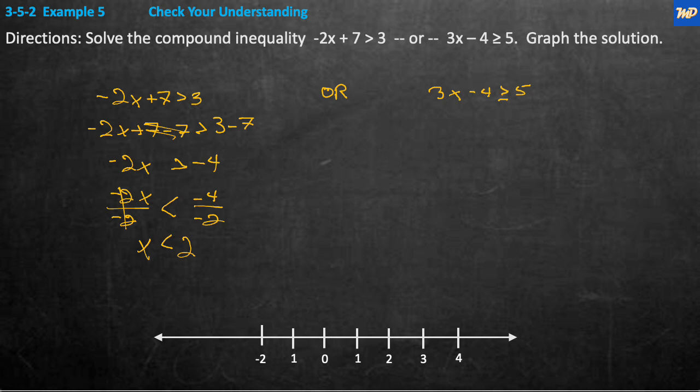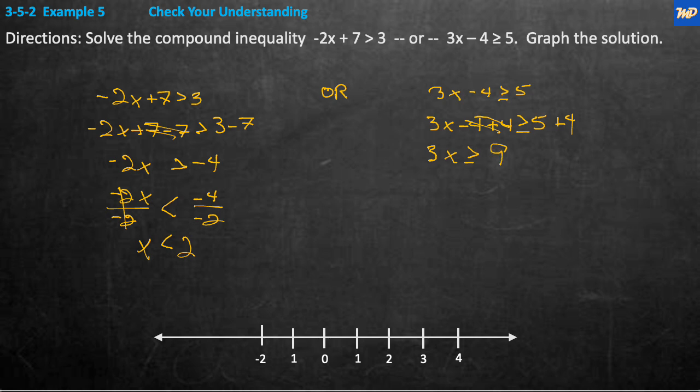And on the right-hand side, we have 3x minus 4 is greater than or equal to 5. We need to get the 4 to the other side because we want the 3x by itself. So we're going to have 3x minus 4 plus 4 is greater than or equal to 5 plus 4. These 4s cancel on the left-hand side, so we get 3x is greater than or equal to 5 plus 4, which is 9.